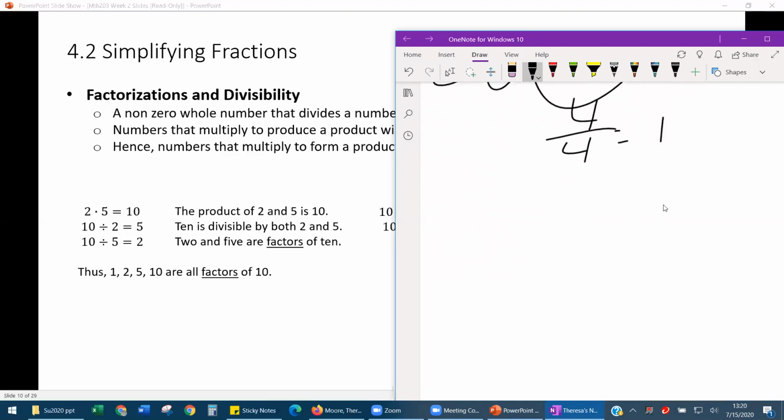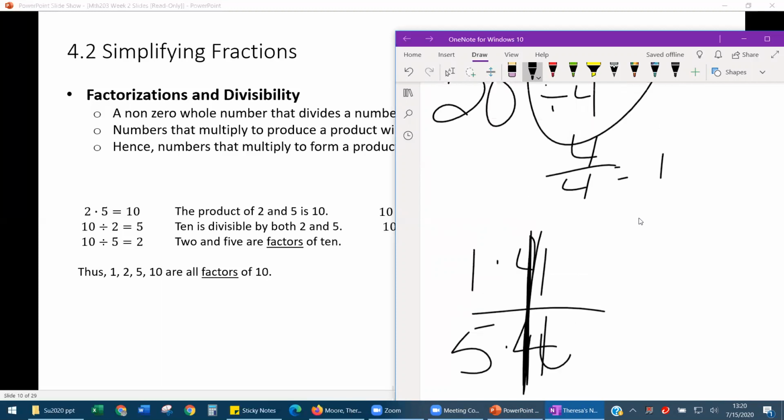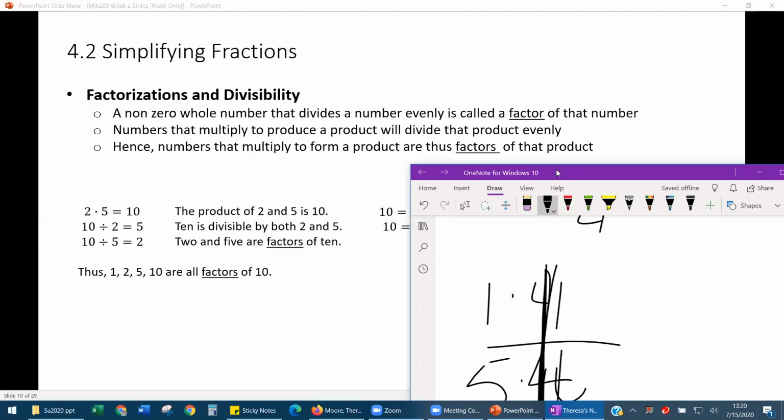We can look at the 4 as 1 times 4, right? 4 is equal to 1 times 4, and I can look at the 20 as 5 times 4. So basically what I'm doing is creating a 1 out of these two 4s, or we call it canceling the 4s. The reason I can divide 4s out is because they're both a factor of the numerator and a denominator. So in essence, I'm canceling the common factors between the numerator and the denominator.